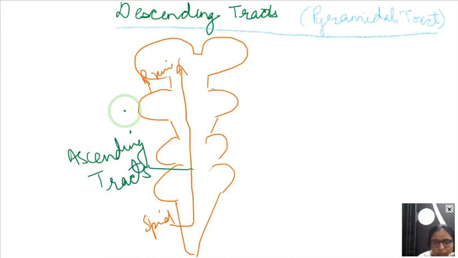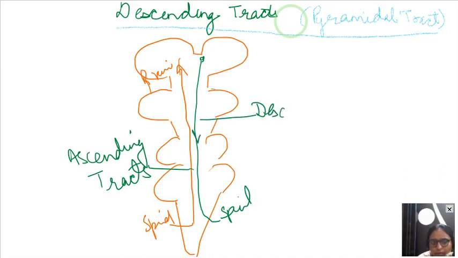If you have any confusion, just go to my video and see what the tracts are, what their pathway is, and what their function is. And the tracts or axons which come from the brain down to your spinal level, descending downwards, are called descending tracts.